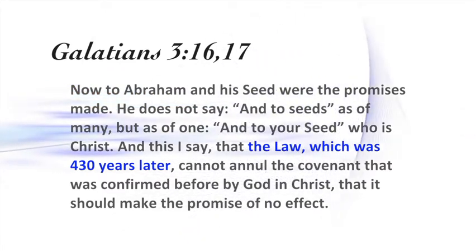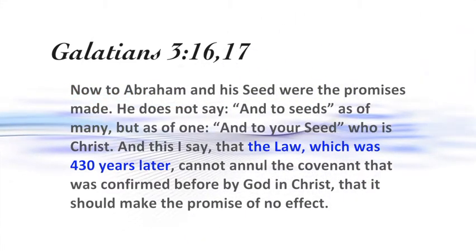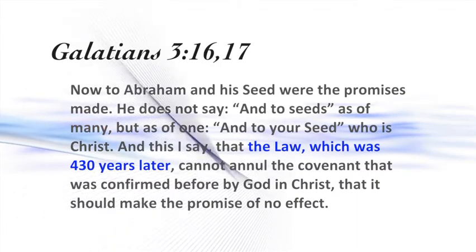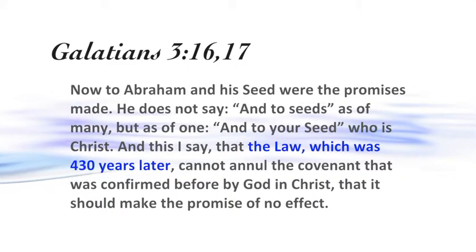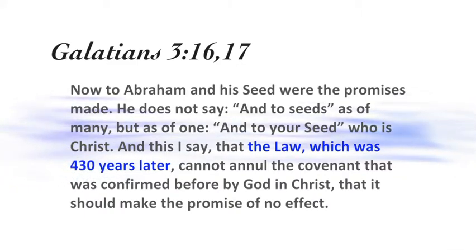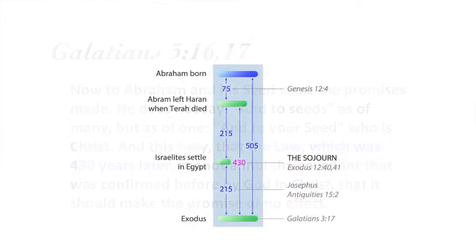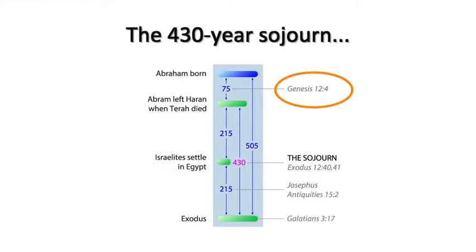Now, the law was given at Sinai, in the same year as the Exodus. So this tells us that the Exodus was 430 years after the promise was given to Abraham, when he entered the land of Canaan at the age of 75. Genesis 12:4 says Abraham was 75 when the promise was made to him.